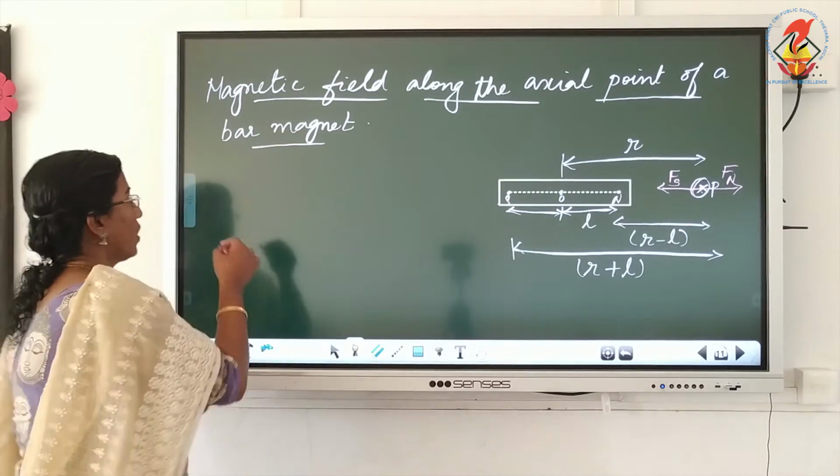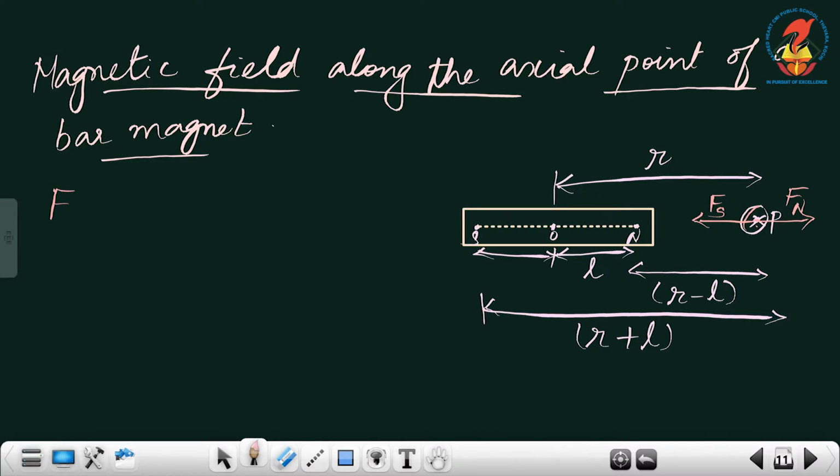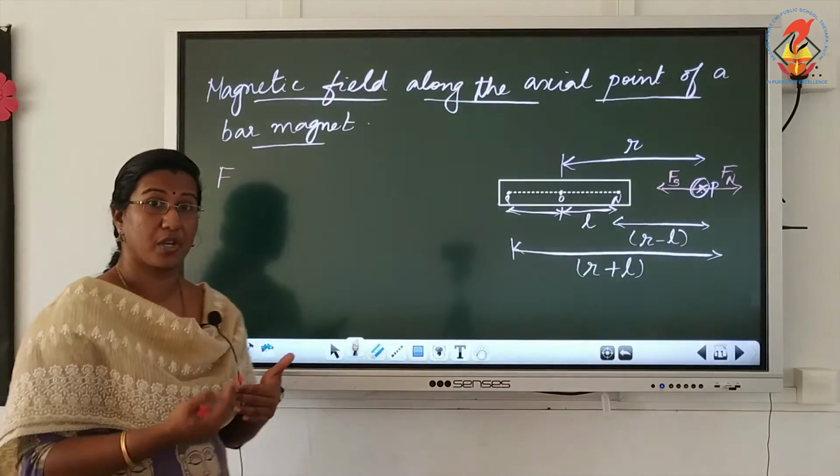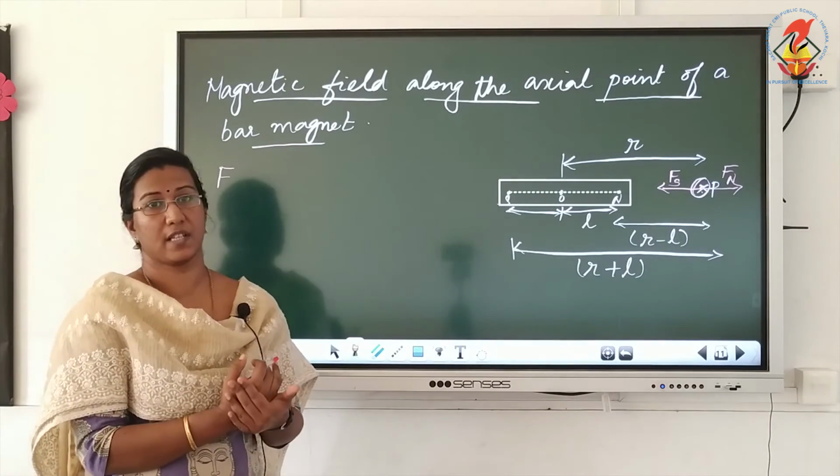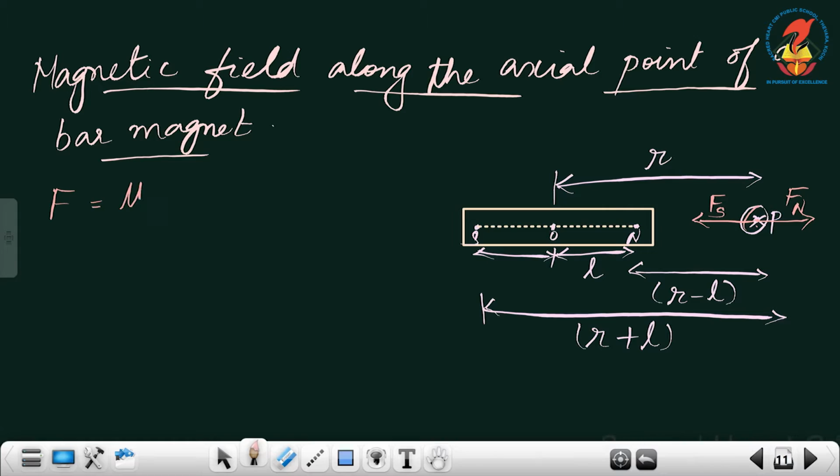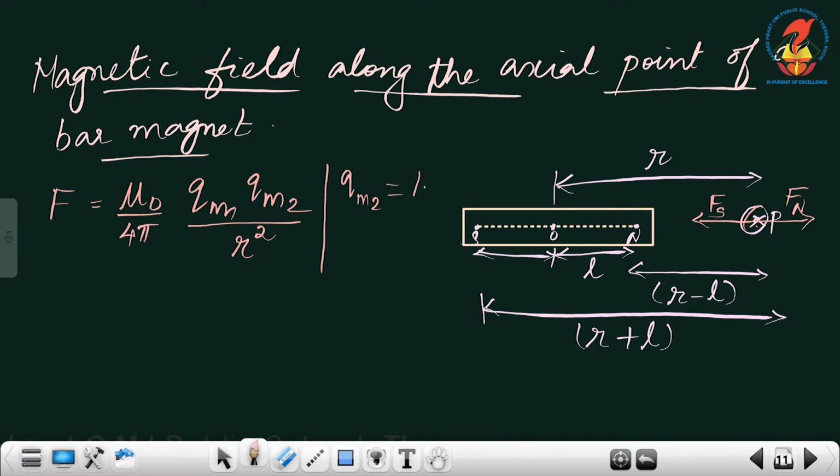Now, according to Coulomb's law of magnetism, the force of attraction or repulsion between two poles is given by F is equal to mu 0 by 4 pi Qm1 Qm2 divided by R square. This is the general equation. Now, in our case, our second pole is a unit north pole, so Qm2 is equal to 1 ampere meter.